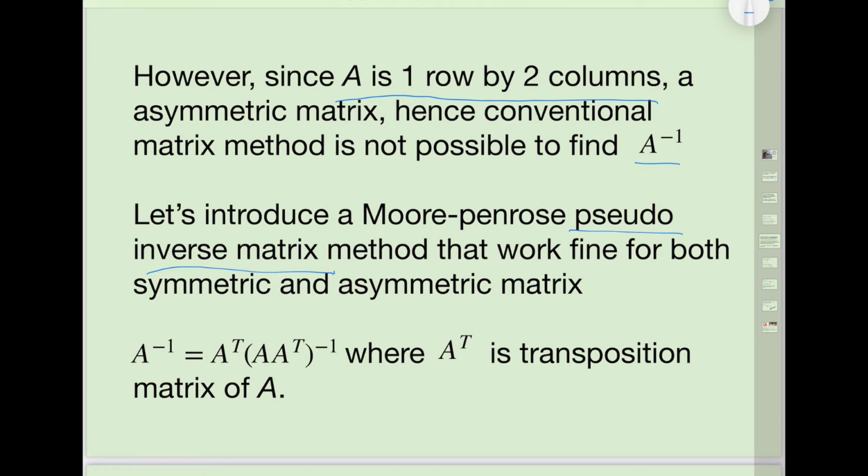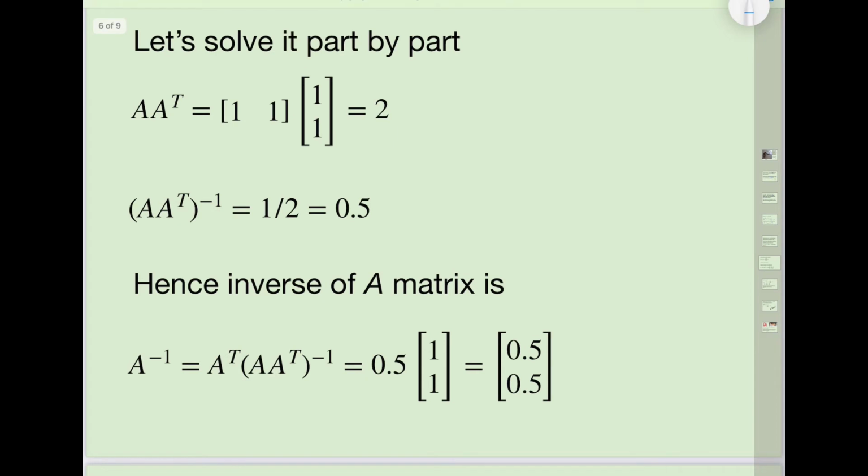It is equivalent to the transpose of the original A multiplied with another term, which is the original A multiplied by A transpose, and then inverted. Don't worry, I'm going to show you how to do it very quickly, in just a minute or two. Now let's start. We solve the equation part by part.